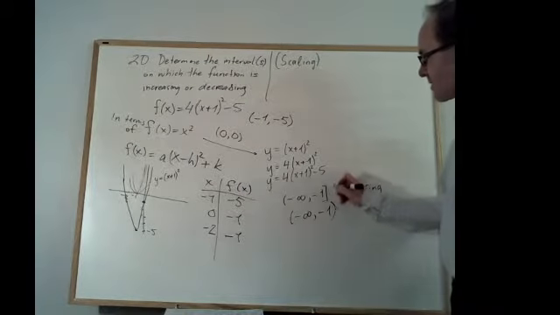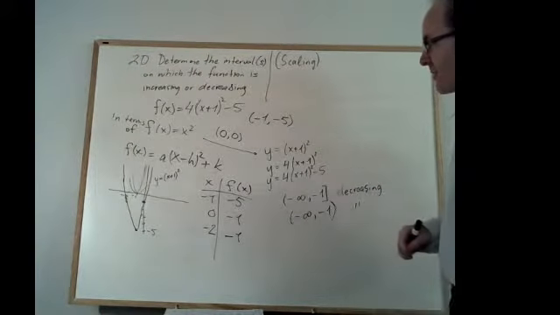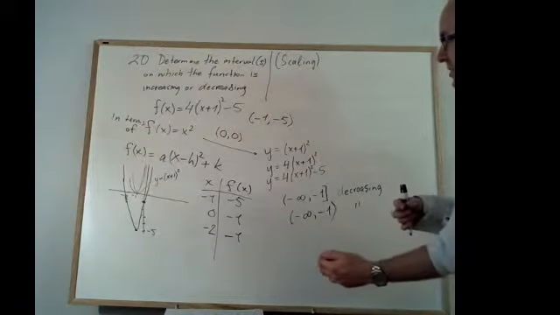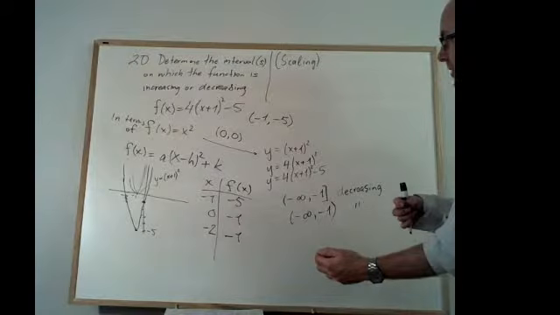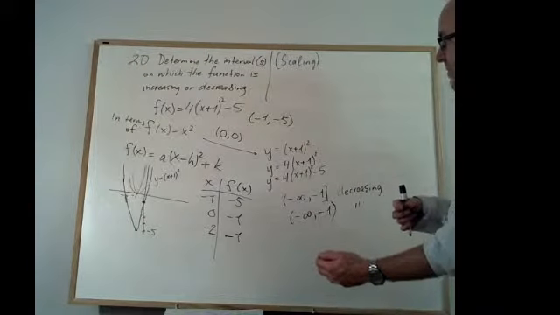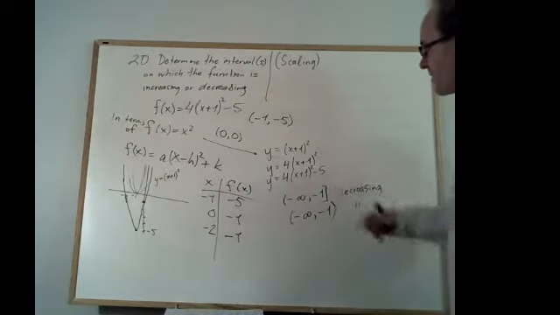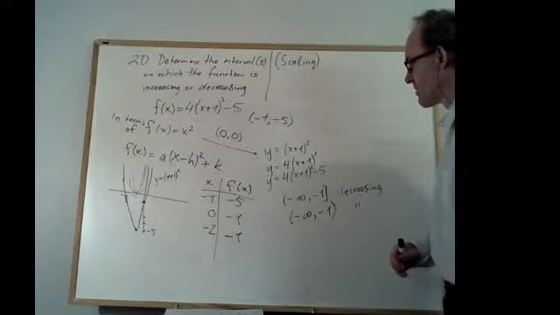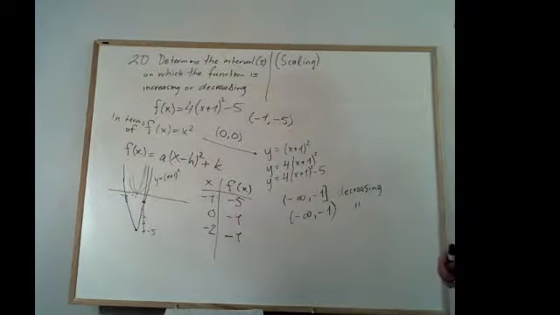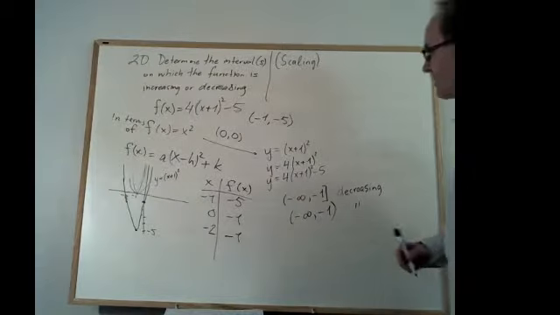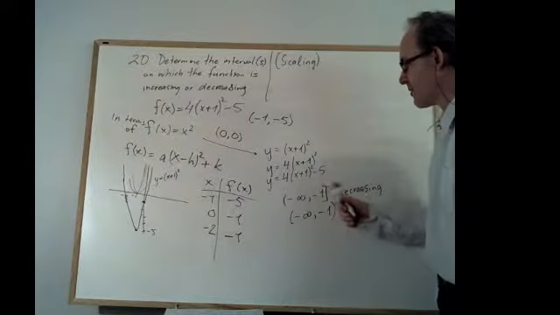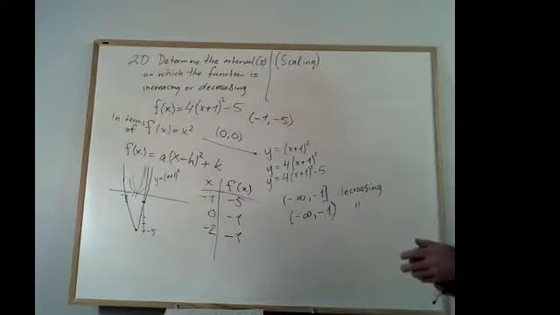I like to include that point because of the definition, which says that given any 2 points on the interval, if f of x1 is less than f of x2 when x1 is less than x2, then the function is increasing, for example. Then that would allow the endpoint to be included.